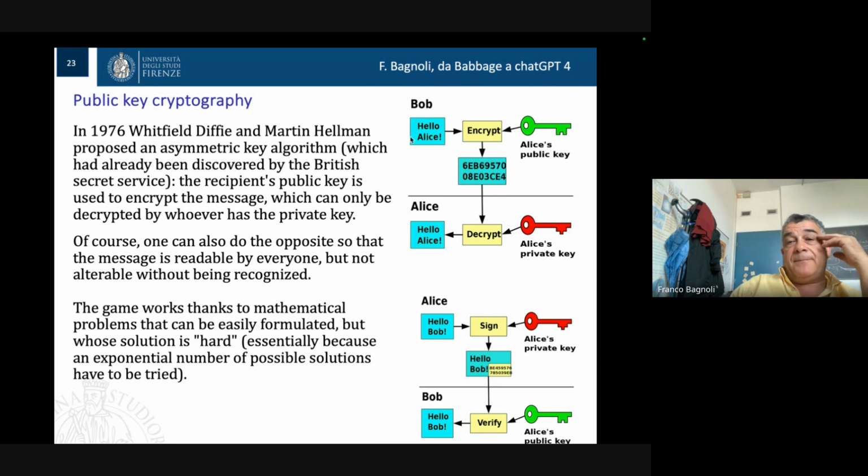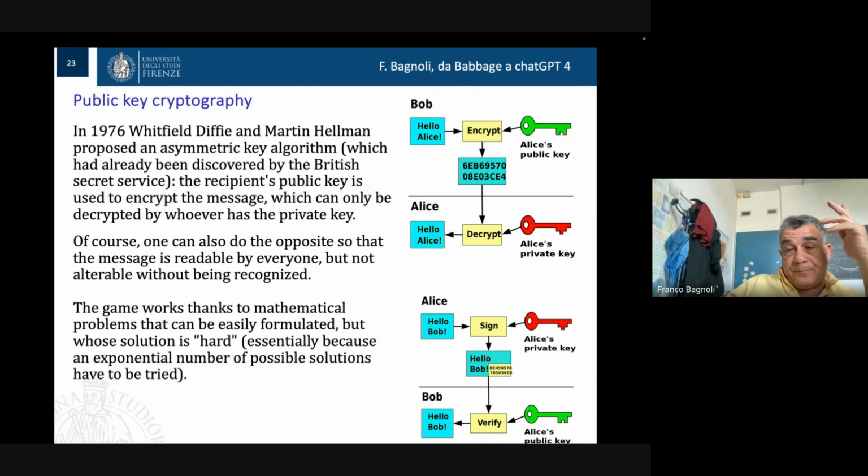So you can encrypt a message using the public key, so that only the owner of the private key can decode it, or vice versa. You can encode something using your own key, and others can decode it and so verify that this message is coming from you, because it can only be decrypted by the associated public key.